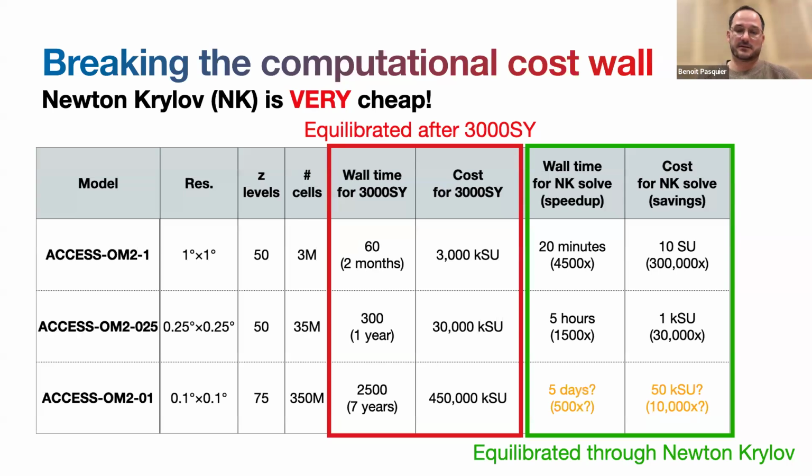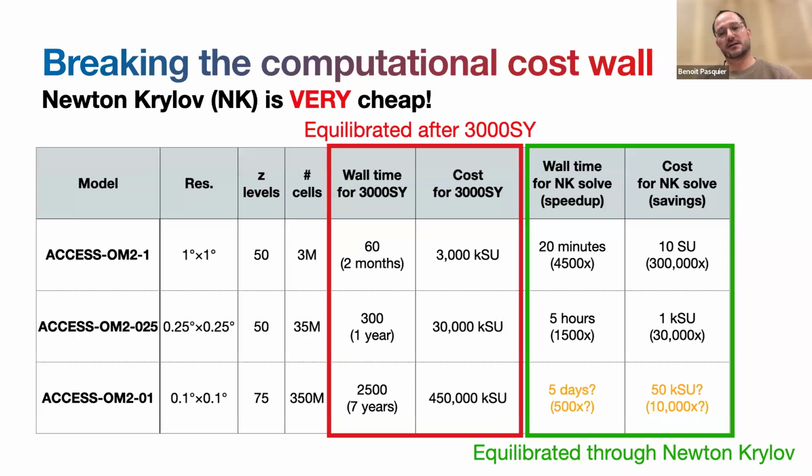It's significant. In terms of service units, it's dramatically more important. It's about 10 SUs. That compares really well to the 3,000 KSUs that you would need to run ACCESS-OM2 for 3,000 years. The order of savings is 300,000. So that's really unbeatable.